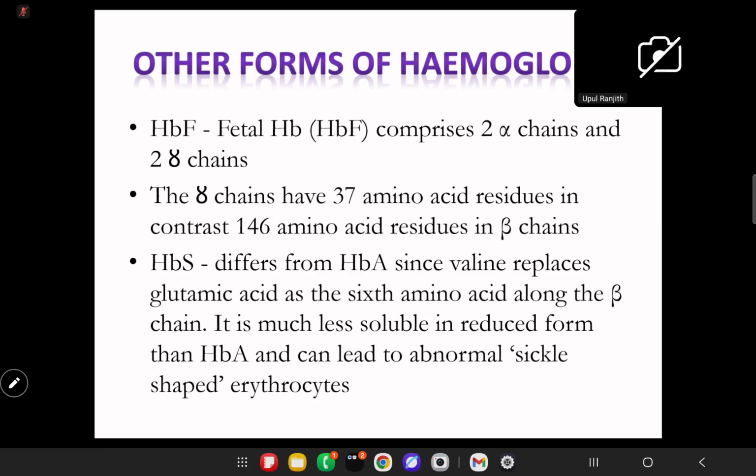That happens mostly in the venous blood, because when the saturation is low, the erythrocyte becomes sickle-shaped. That is what happens in sickle cell anemia.